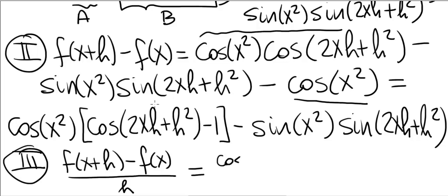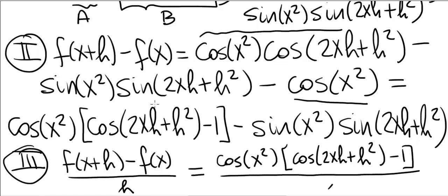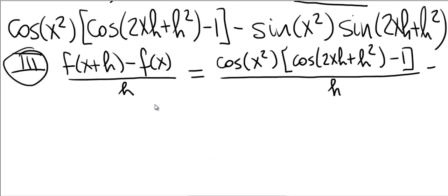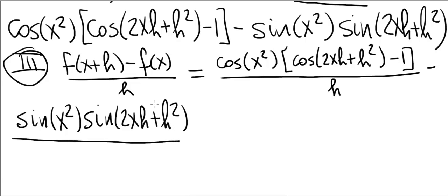It is cosine of x squared times cosine of 2xh plus h squared minus 1, divided by h, and then minus the second part divided by h, which is sine of x squared times sine of 2xh plus h squared, and of course again that's divided by h.